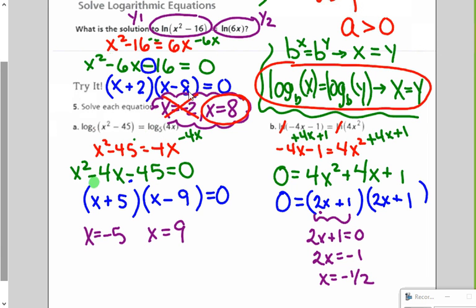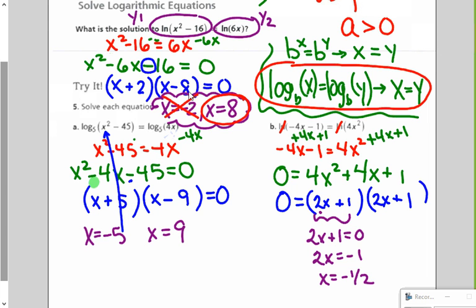In the next one, -5 is invalid because if you plug it in, it's not because it's -5, right? And all negative answers are bad. It's because when you plug it in, you do 4 times -5 on the right, and you can't take the log of -20. Even if you put it in on the left, -5 squared is 25. 25 minus 45 is -20.